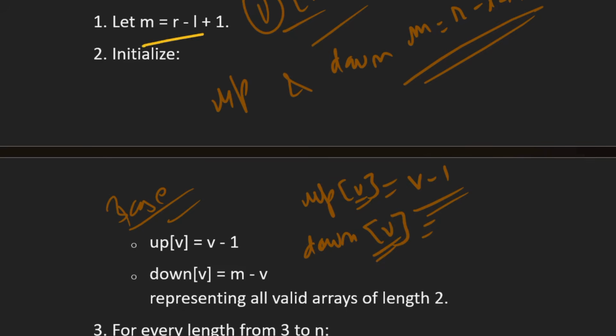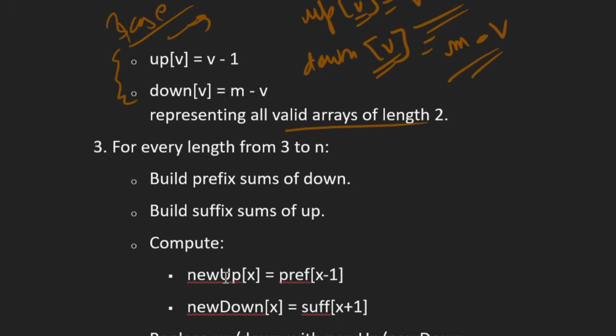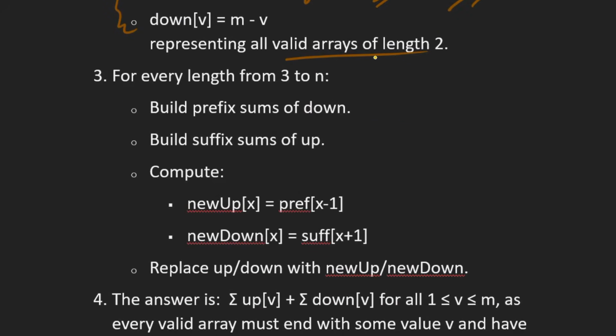So here total elements are m, so elements that are greater than v are m minus v. So these are the base cases, and the base case represents the valid arrays having length 2. Now using this base case, we'll start computing all the valid arrays from length 3 to n, right? We'll build all the arrays from length 3 to n.